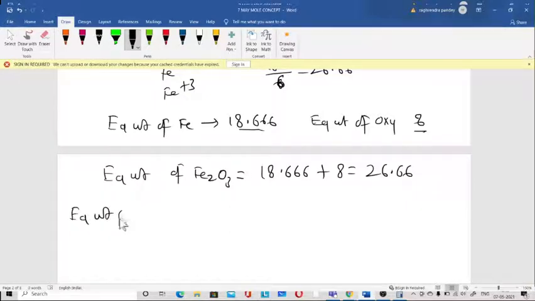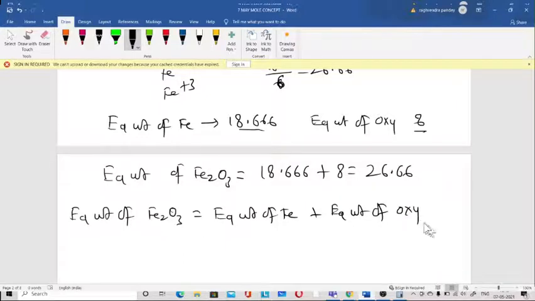So here we can say the equivalent weight of Fe2O3 is equal to the equivalent weight of iron plus the equivalent weight of oxygen. That is the equivalent weight of Fe2O3, the 26.66 that we calculated.